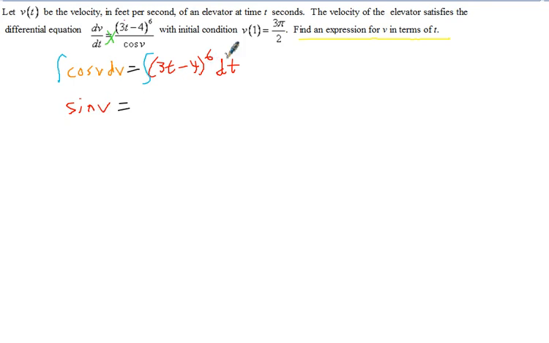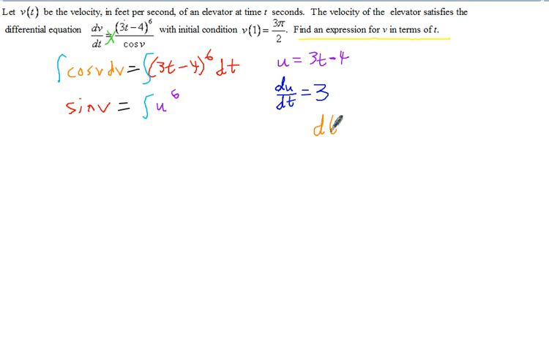equals, well, you could multiply this out to the 6, but it's much easier if you just use u substitution and set u equal to the function inside, which is 3t minus 4. Then we can rewrite this as just u to the 6th. And then when we take the derivative, du/dt, the derivative is just 3.